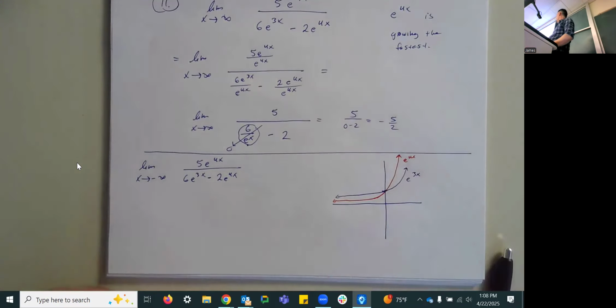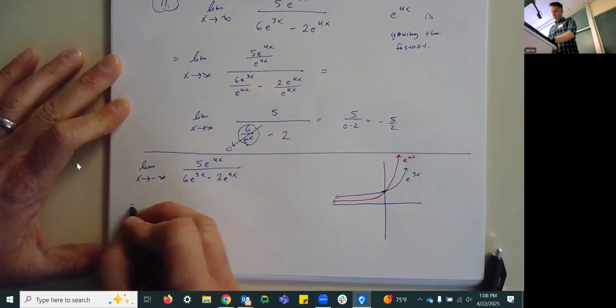Right, so to the right, e to the 4x is growing faster. To the left, e to the 4x is declining faster. And e to the 3x is not. It's declining slowly. So it's the bigger thing. So if we divide everything by e to the 3x, let's see what happens.